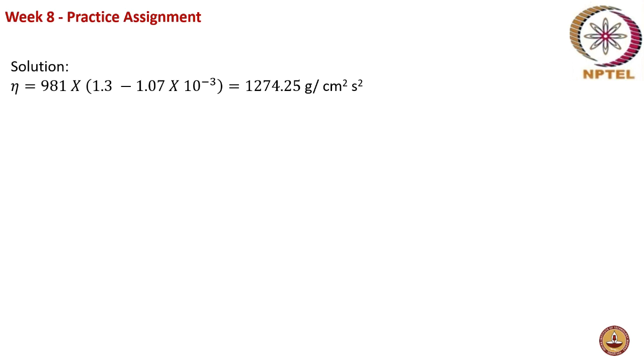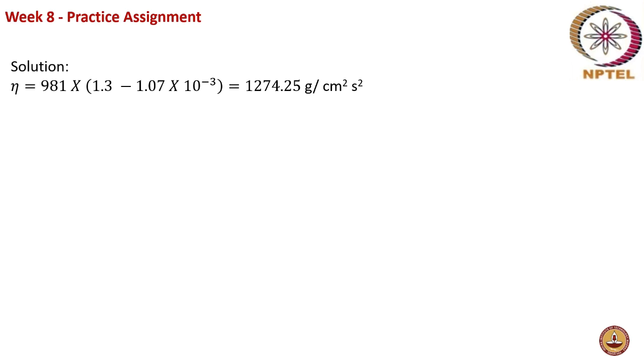Generally when we take g, we take it as 9.81, right? So why have I taken it as 981? What is the unit of this acceleration due to gravity when I use it as 9.81?